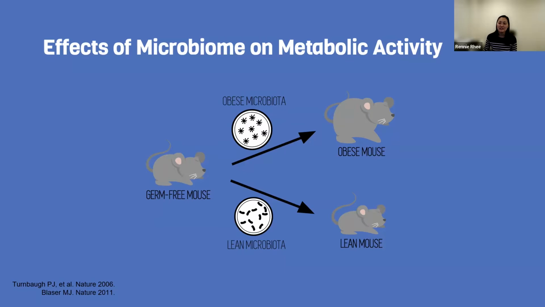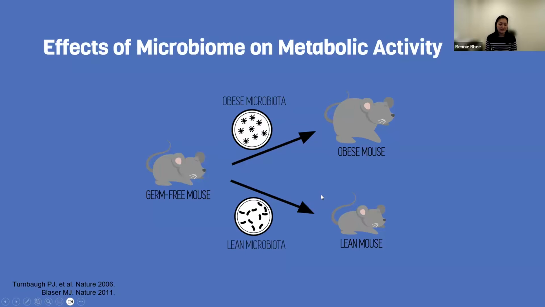And when they took fecal matter from an obese mouse and gave it to the germ-free mouse, that germ-free mouse became obese. And similarly, when they gave the fecal transplant from a lean mouse to the germ-free mouse, that mouse then became lean, which is just really fascinating to think about that huge of an impact that the microbiome would have on certain outcomes.